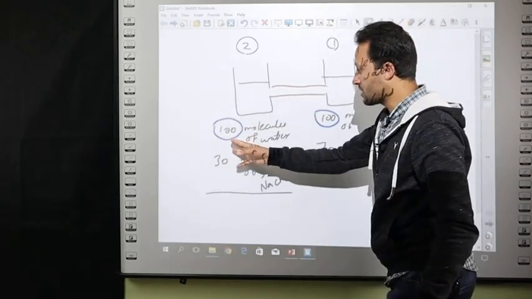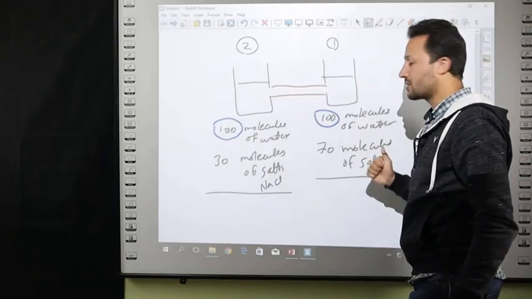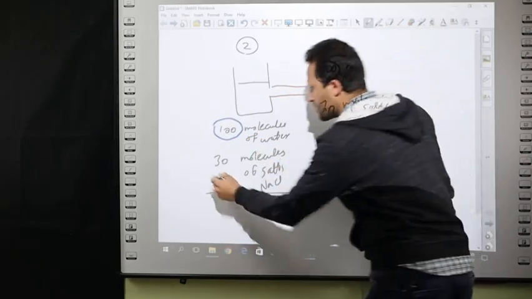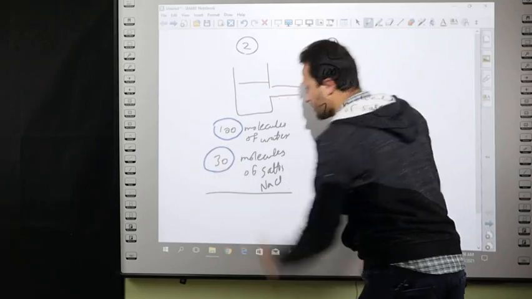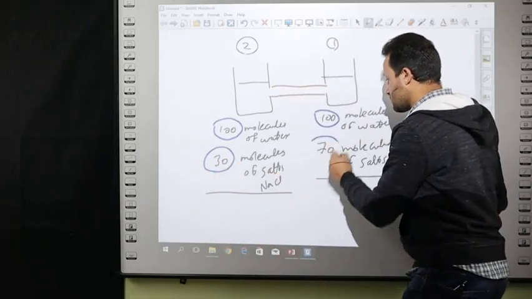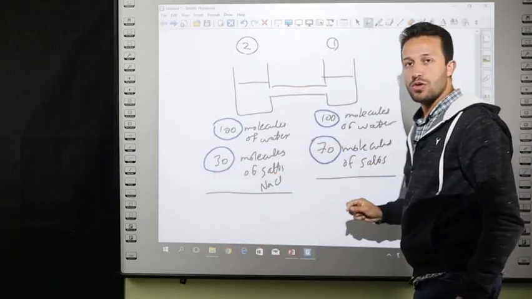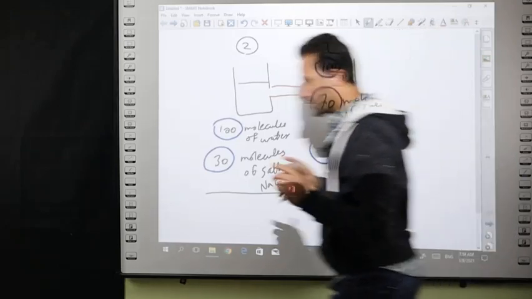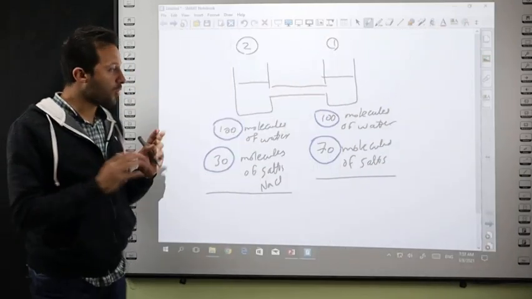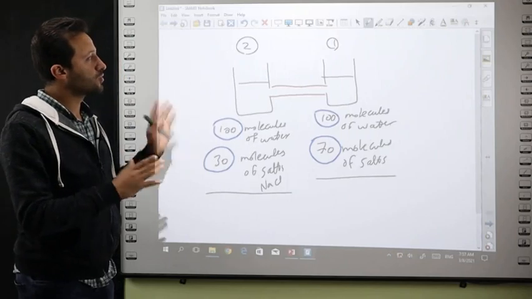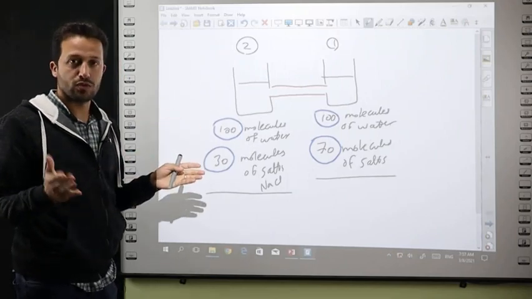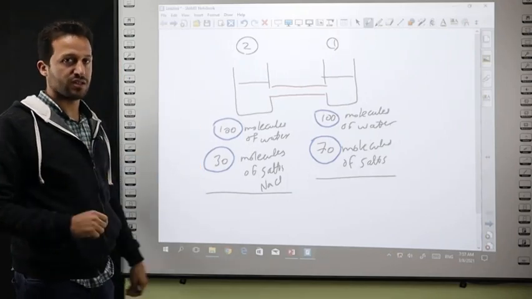There are 100 molecules of water and 100 molecules of water. But here, 30 molecules of salts, and here, in number 1, 70 molecules of salt. So I will ask you again, does the water move from 1 to 2 or from 2 to 1, or will the water not move? You have a second to think.